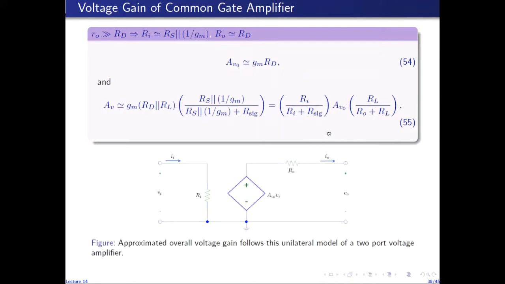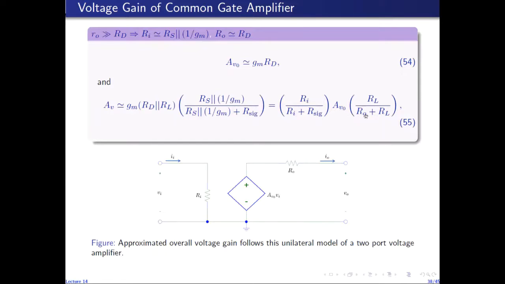If you look closely, this is the expression one would obtain if one solved this unilateral model of a two-port voltage amplifier. In this unilateral model, if I connect the load resistance here, then VL will be AV naught times RL over RL plus R naught.